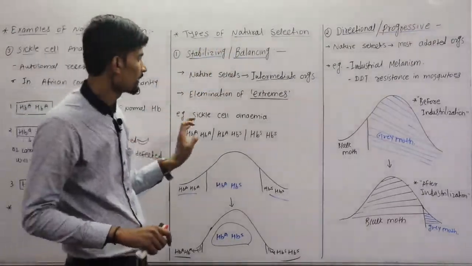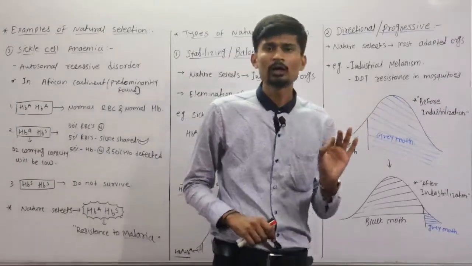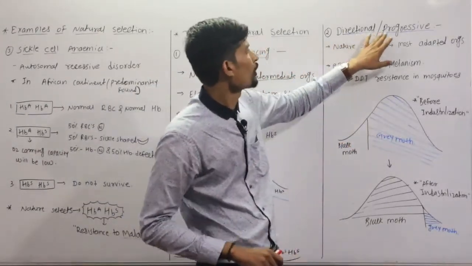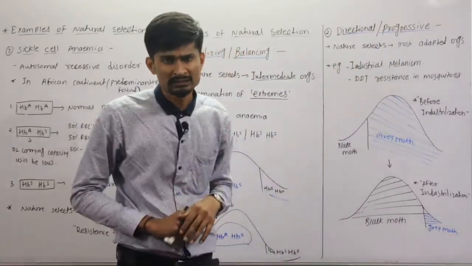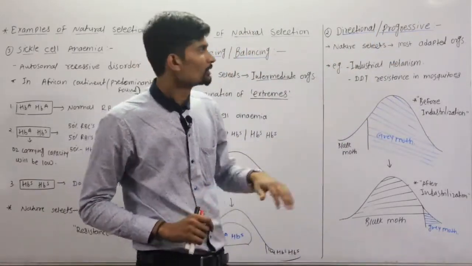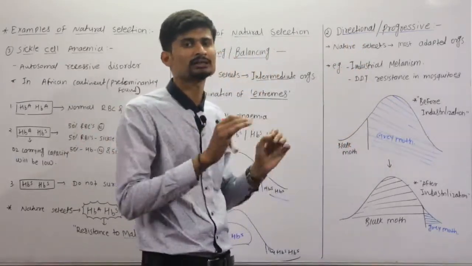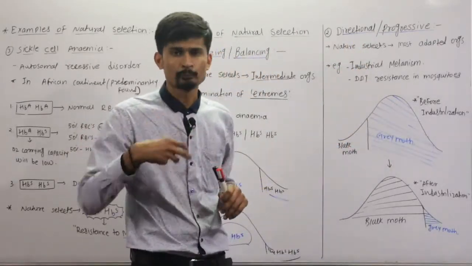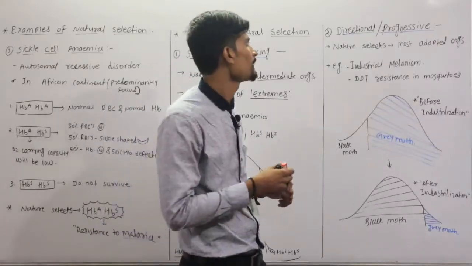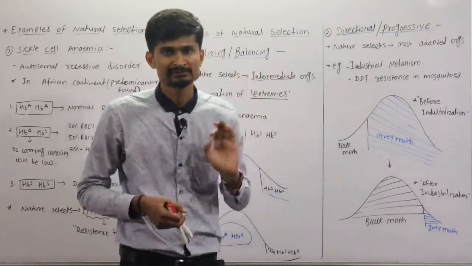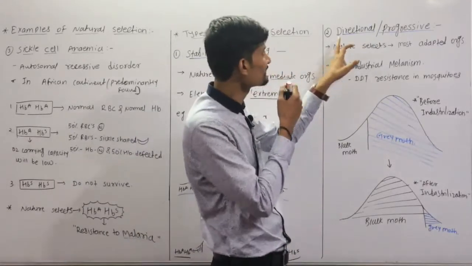Now the next type of natural selection is the directional or progressive natural selection. It runs in one direction, it moves from one point to another point, and it is progressive. That's why it is called directional or progressive natural selection. So what happens in this?